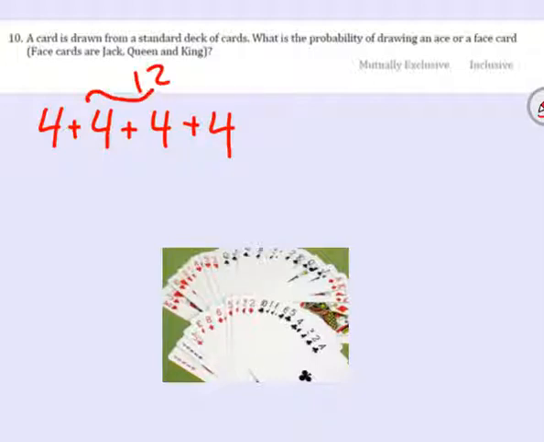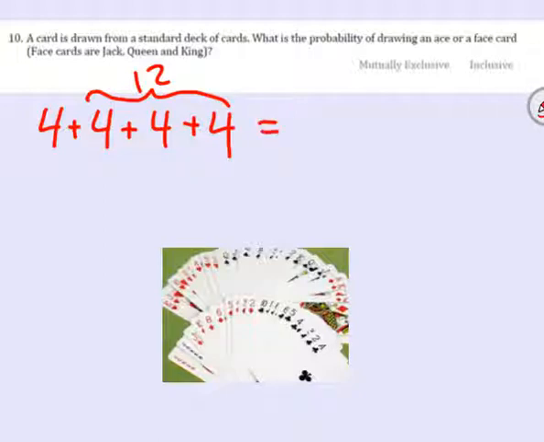All right, moving on. A card is drawn from a standard deck of cards. Well, it's probably drawn an ace or a face card. So there's an ace card in each suit. So that's 4 cards. And remember the face cards, well, there's a jack in one suit, a queen in another suit, and a king in the other suit, all right, we told you face cards are 12. You should be able to see that. You know aces are 4.